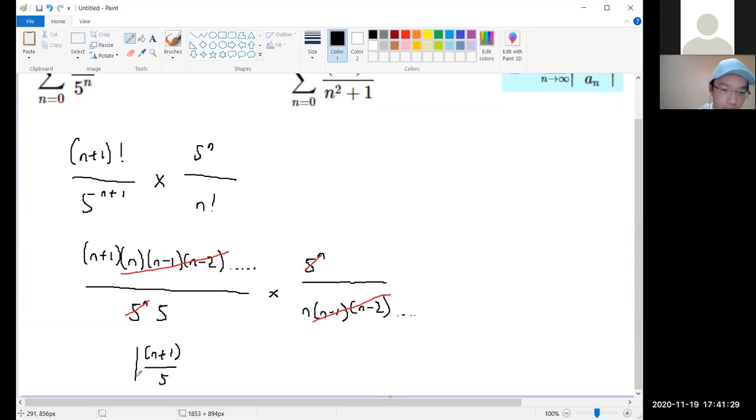And then we have to take the absolute value and then take the limit as n approaches infinity. So what do you get here? Right, you get infinity. Correct, very good.